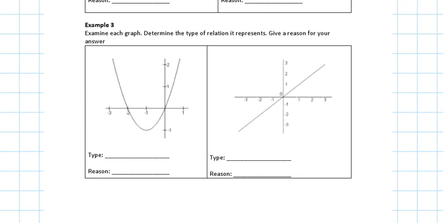This one is quadratic, and how do you know that? It's a parabola. And then this one is linear, and the reason is it's a straight line.